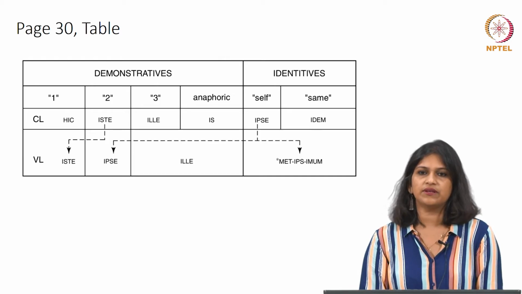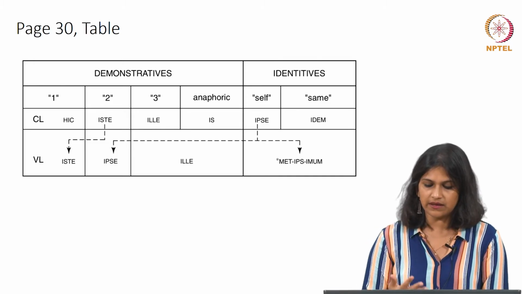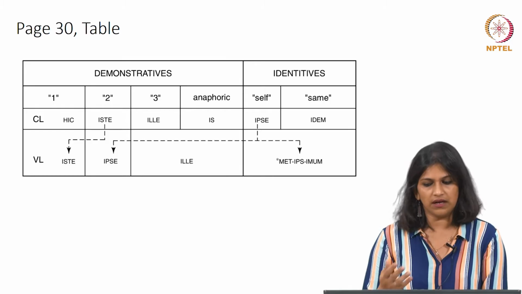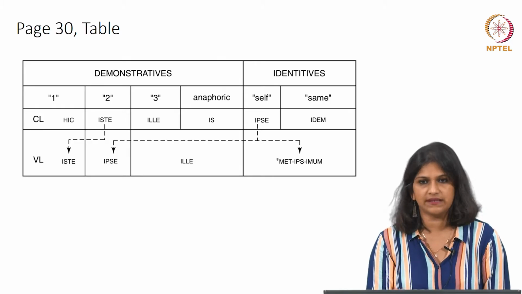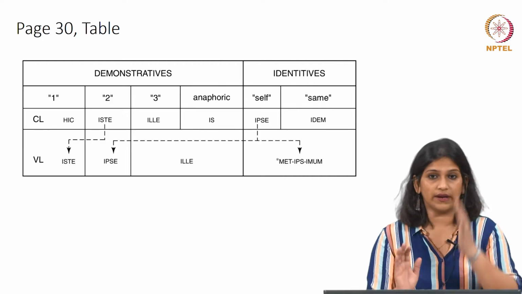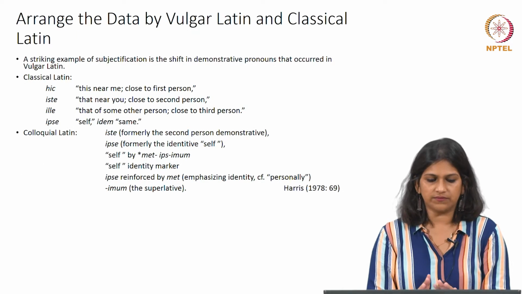Similar is the case with the reflexive self, which is ipse in classical Latin. Sometimes it becomes a second person demonstrative, or it can also be the first person singular as far as the identitives are concerned. You can look at the table once and find out whether you understand these concepts well or not.